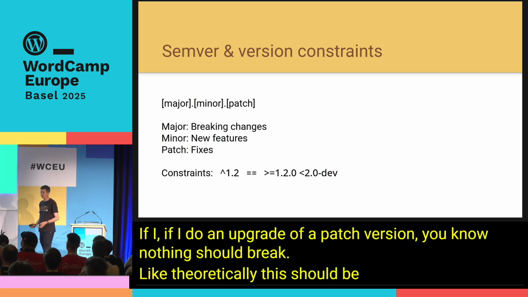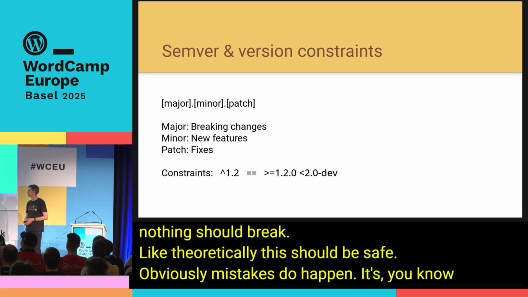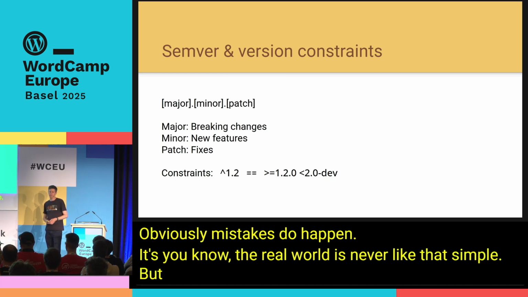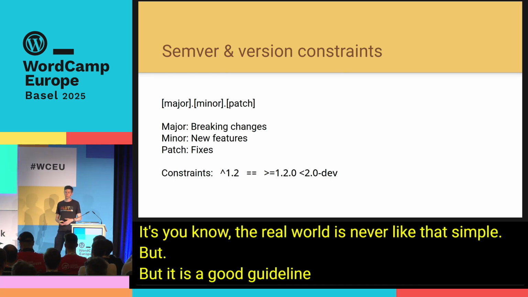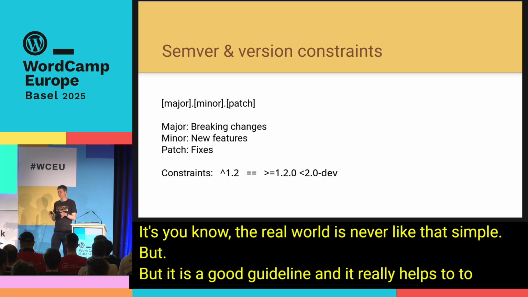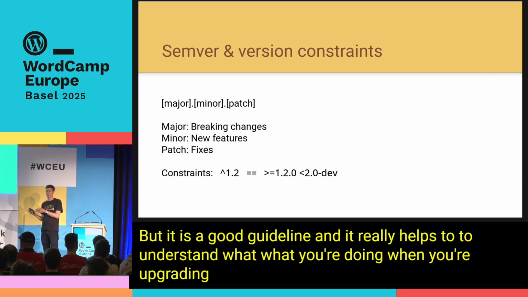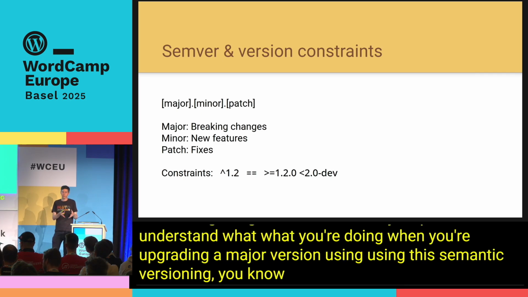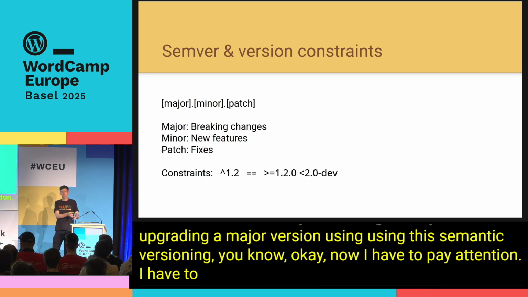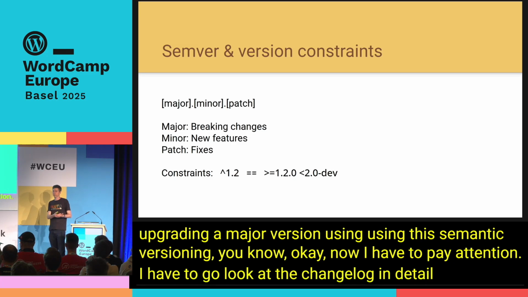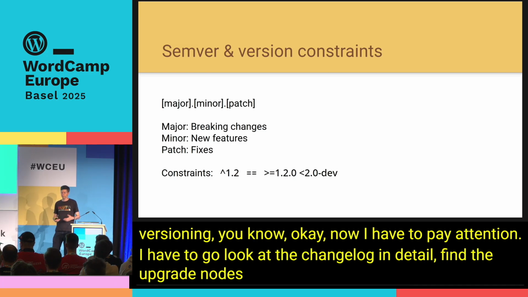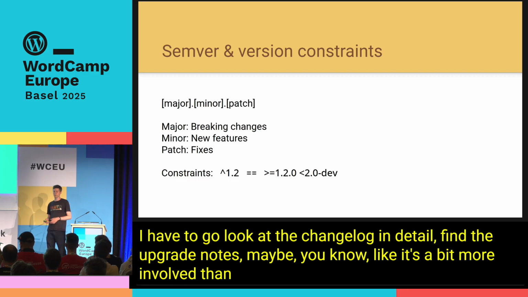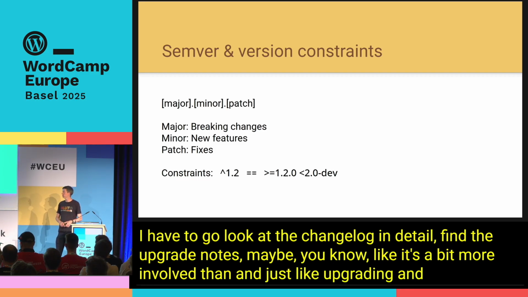Obviously, mistakes do happen, and the real world is never that simple, but it is a good guideline, and it really helps to understand what you're doing when you're upgrading a major version. Using this semantic versioning, you know, okay, now I have to pay attention. I have to go look at the changelog in detail, find the upgrade notes. It's a bit more involved than just upgrading and hoping for the best.